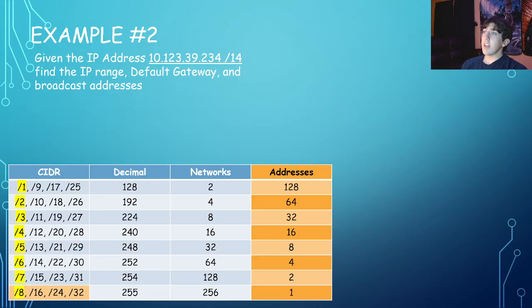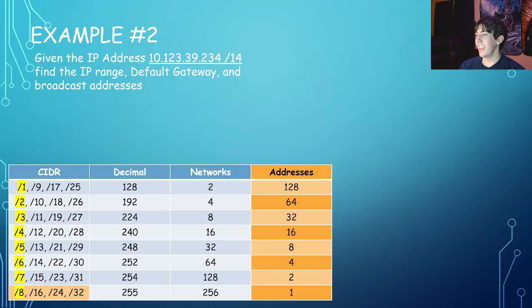We know that CIDR 14 is 2 less than 16, which makes it 6 CIDR. And I know off the top of my head that 6 CIDR is also 64. Or not 64, that's the networks. I looked at the chart.